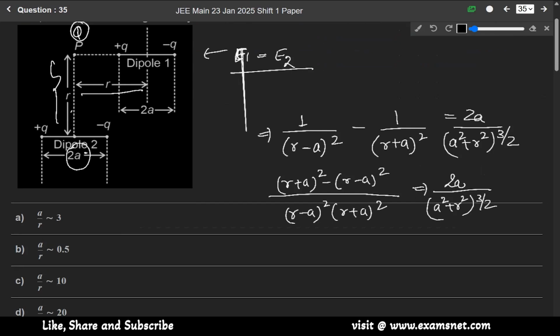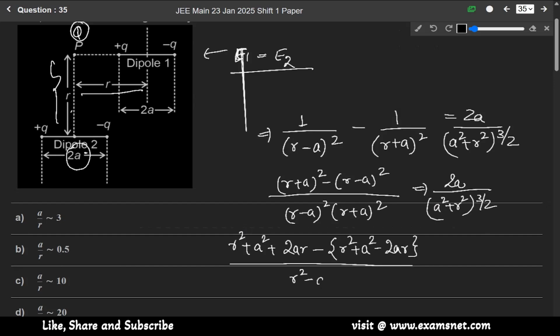Now (a plus b) whole square means a square plus b square plus 2ab, minus a square plus b square minus 2ab, over (r square minus a square) whole square. It will be 2a over (a square plus r square) raised to the power 3 by 2.